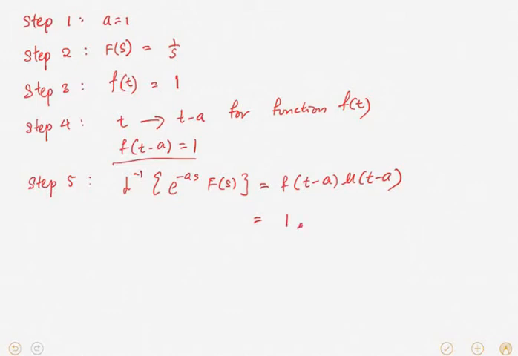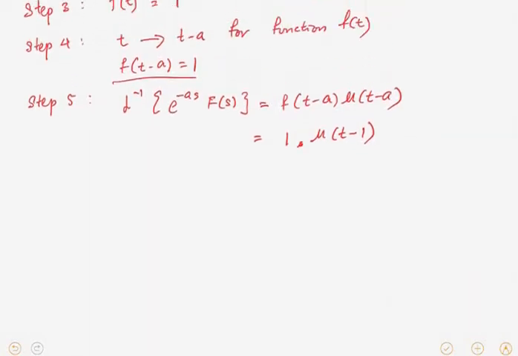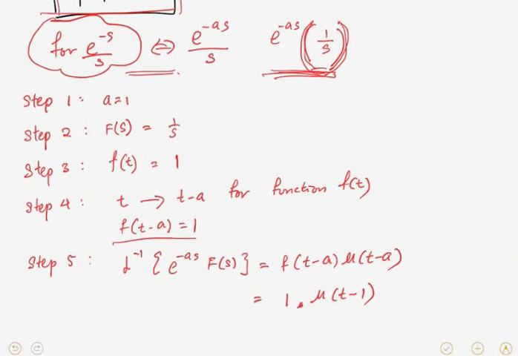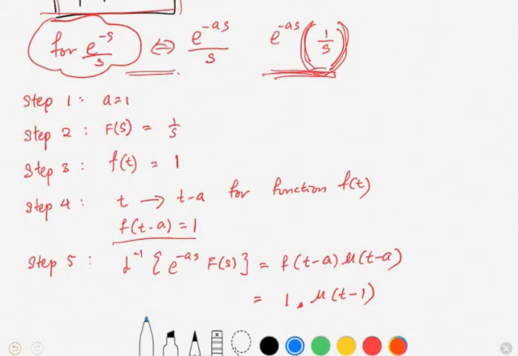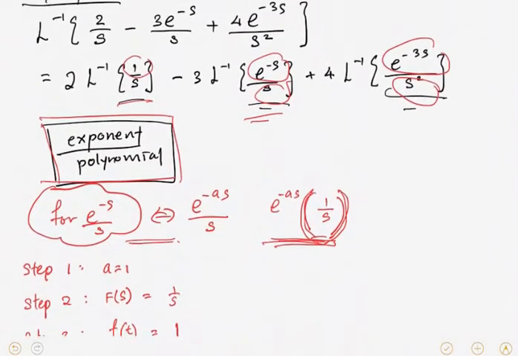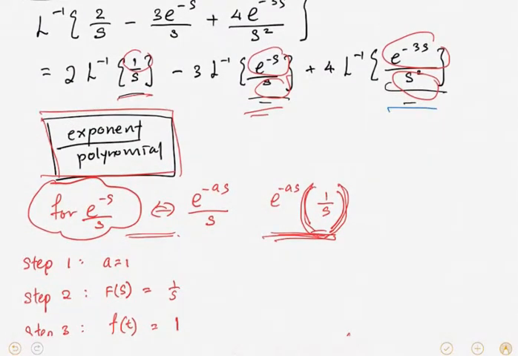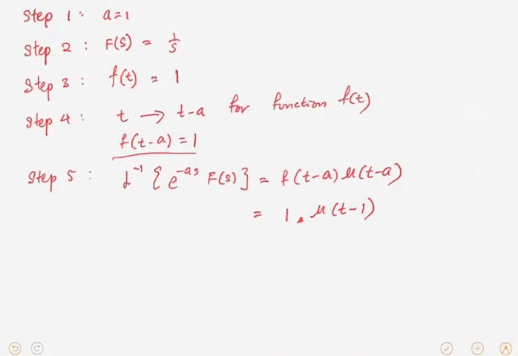And u(t minus a), what is the a value? a is 1, so u(t minus 1). Okay, now we have done the e to the power negative s over s. Now let's check this one, e to the power negative 3s over s squared.